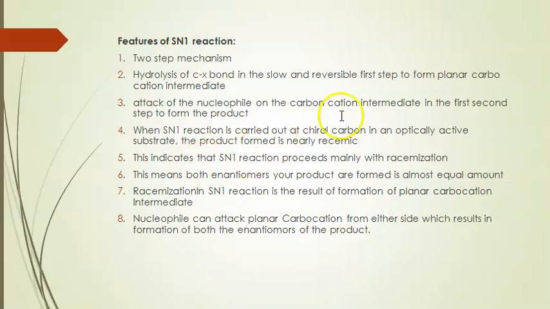In the SN1 reaction, when carried out on a chiral carbon atom in an optically active substrate, the product formed is a racemic mixture. This reaction indicates mainly racemization. This means the enantiomers of the products are formed.